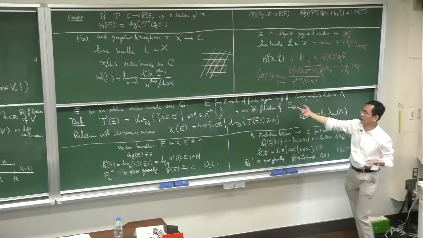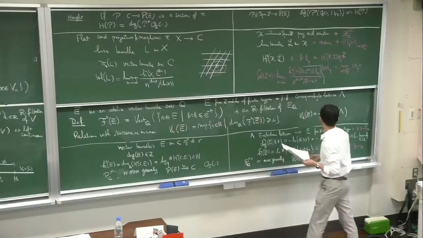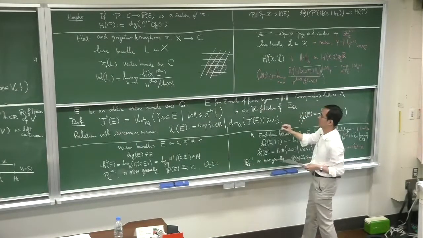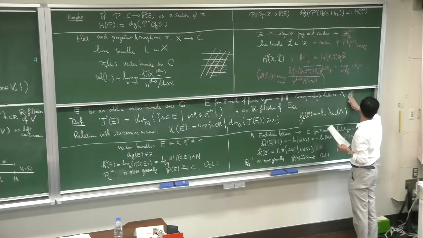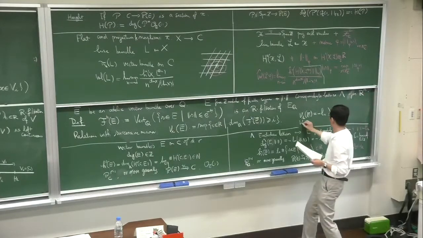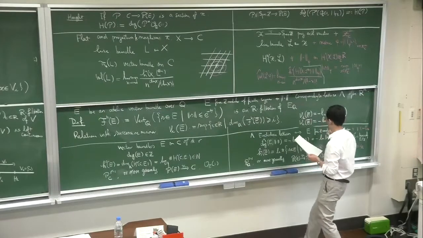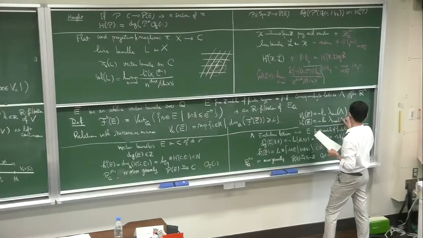That is the smallest ball such that the vector space generated is the total vector space. Therefore, for rank n, you have mu_n of E bar, which is just minus log of lambda max of lambda.